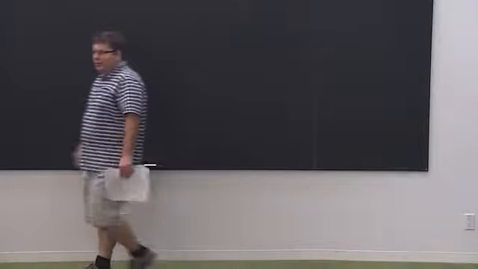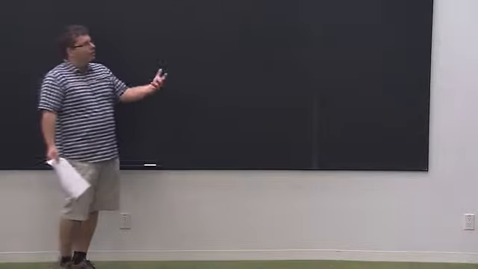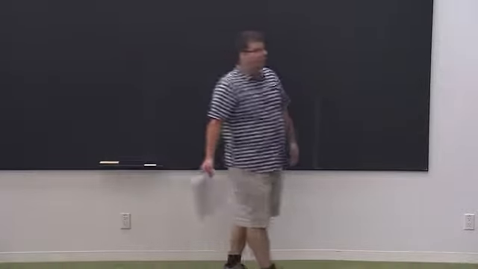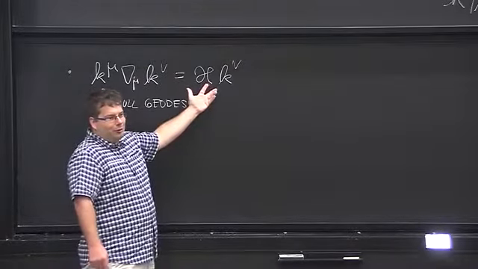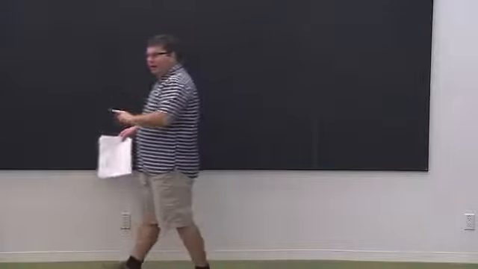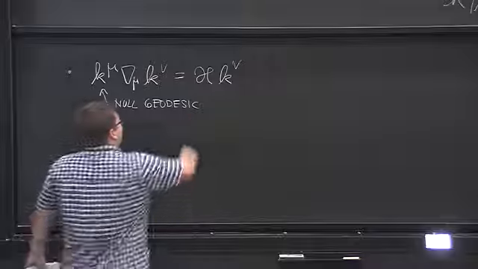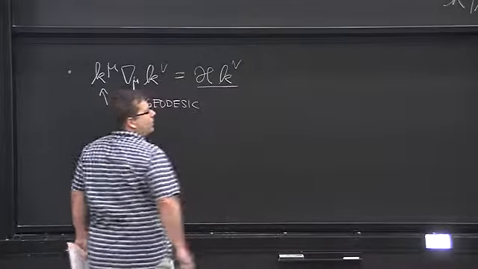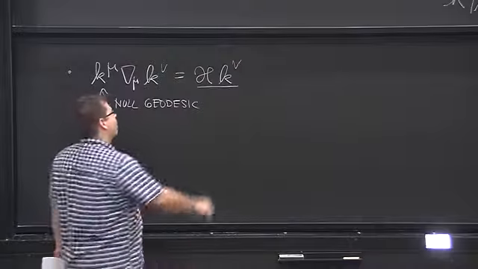But also, typically you would have 0 on the right-hand side. You would just have k^mu nabla_mu k^nu equals 0. And we only get non-zero provided that we have a non-affine parametrization of my geodesic. So this thing here arises from the fact that we don't have affine parametrization of my geodesic.